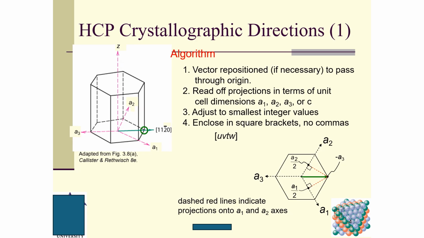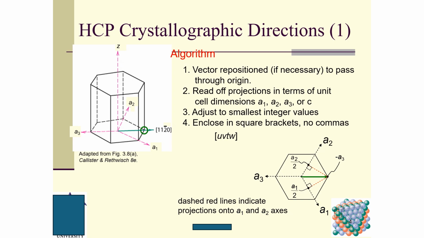And here we do the projection, and because we know this is 60 degrees, based on trigonometry, the length of this side is a2 divided by 2 because this is 30 degrees.